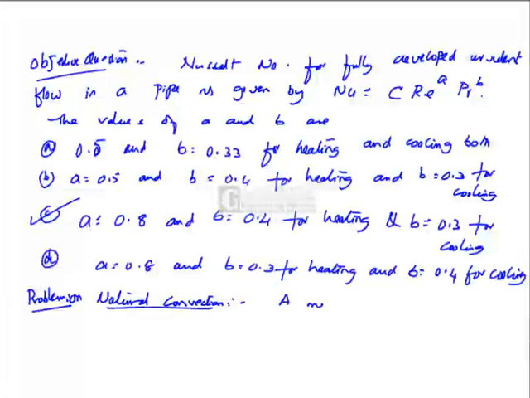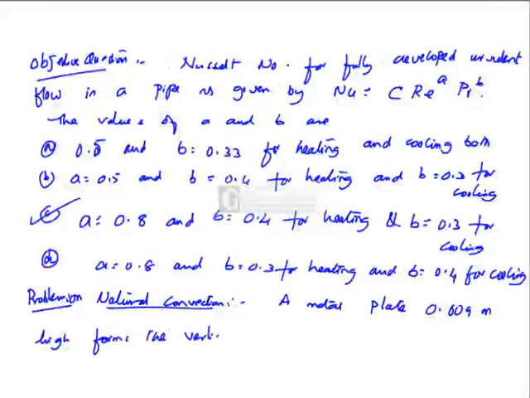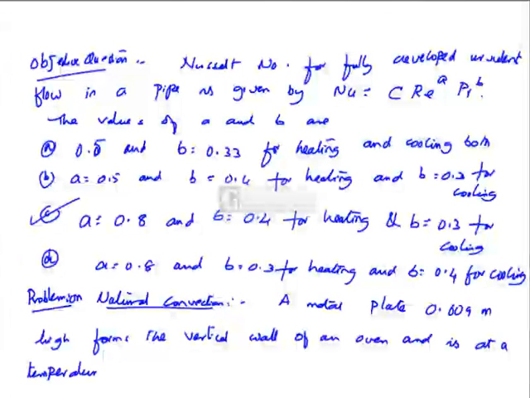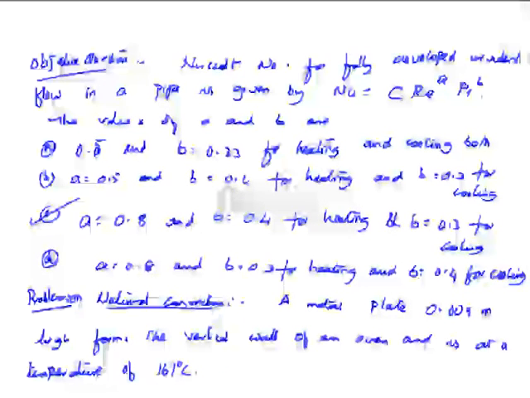A metal plate 0.609 meters high forms the vertical wall of an oven and is at a temperature of 161 degrees Celsius.